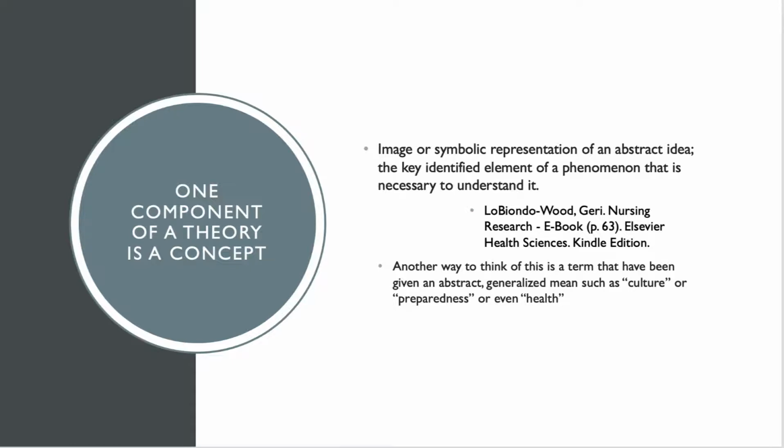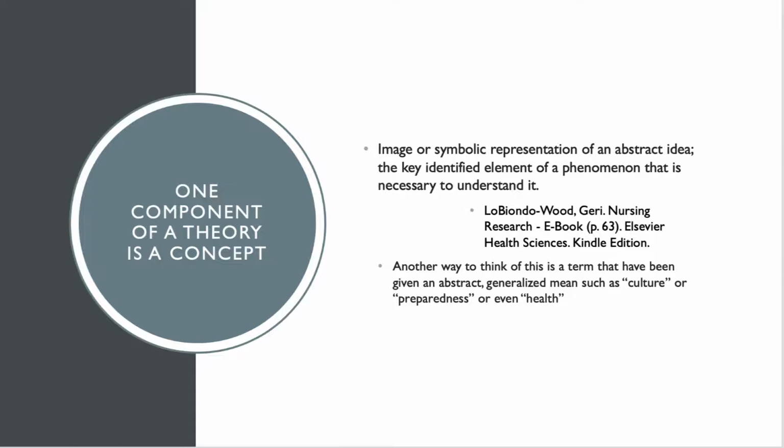And while your book gives slightly different definitions, it refers to a concept as an image or symbolic representation of an abstract idea, the key identified element of a phenomenon that is necessary to understand. And it says they can be concrete or abstract, whereas it defines a construct as complex concepts.